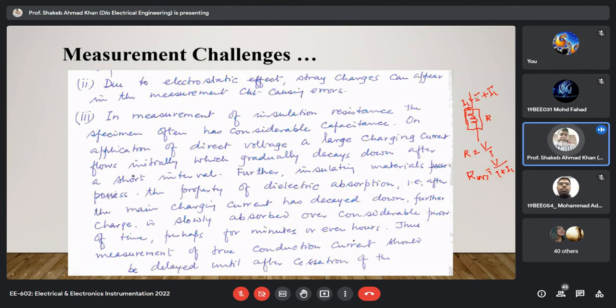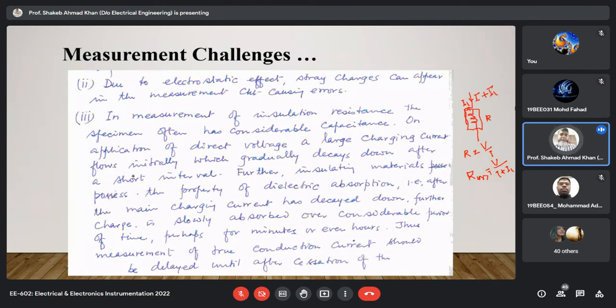This leakage current is a problem because your actual conduction current will be a small value, since your resistance value is high, and your leakage current will be of the same order.